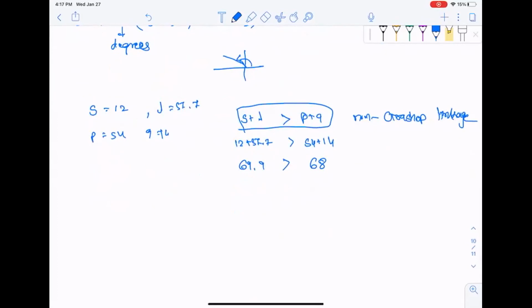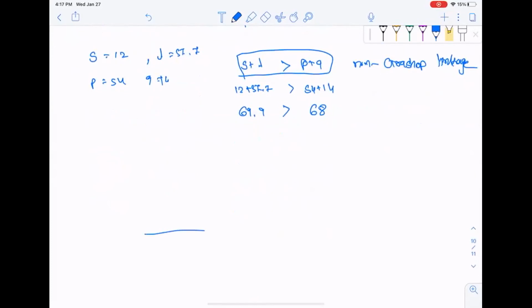Now we have to find the maximum value of theta 4. I have a way through which I can explain that. So let us analyze a situation. This is my one bar, and this is my other grounding.